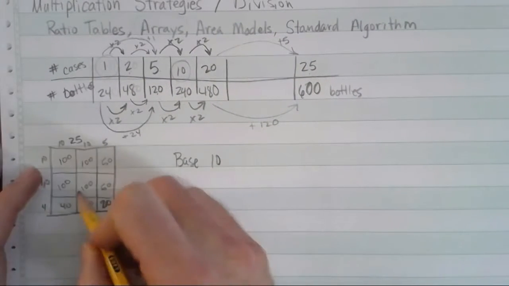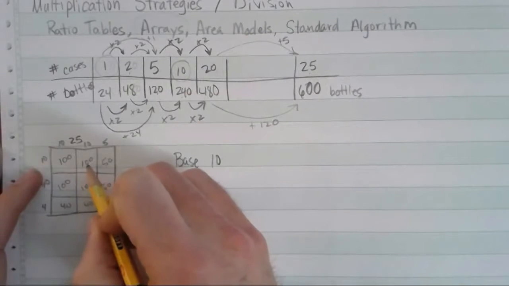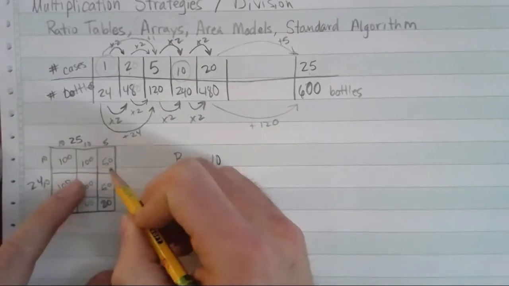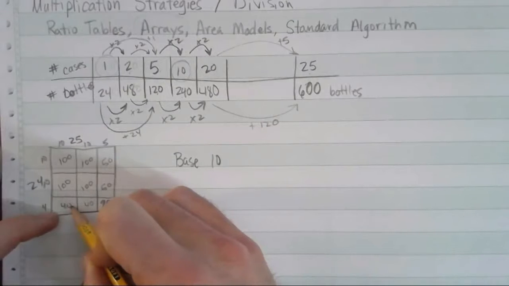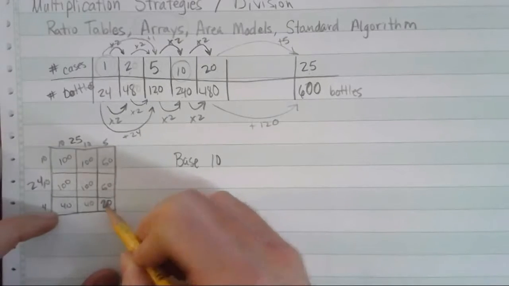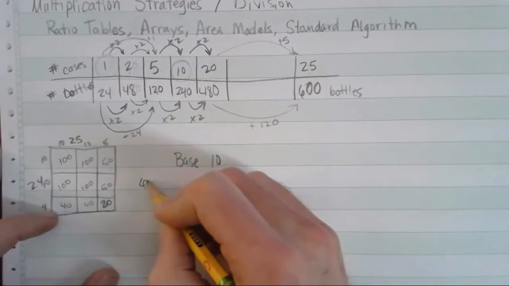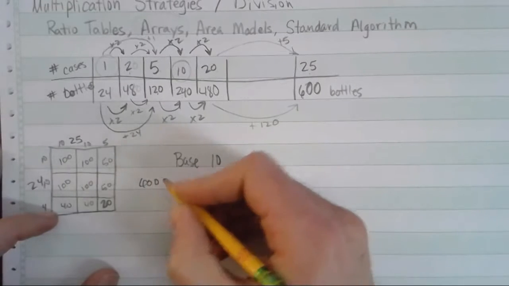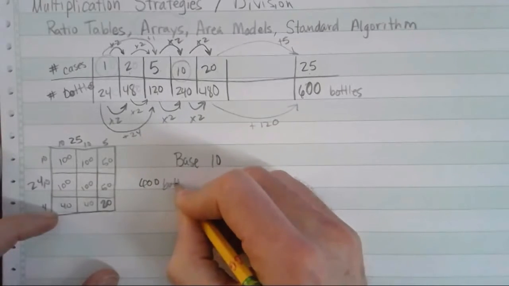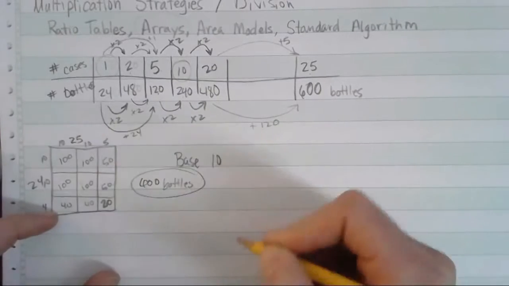After that, we count everything up: 100, 200, 300, 400, 500, 540, 580, 600. We figure out one at a time how much is in each box.